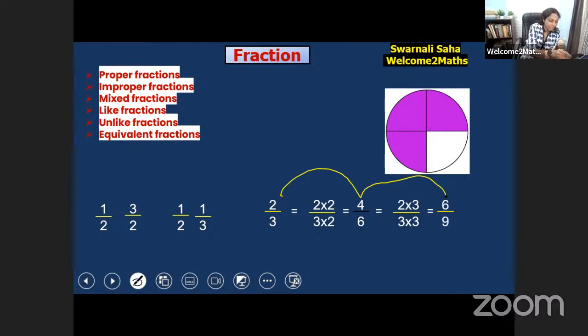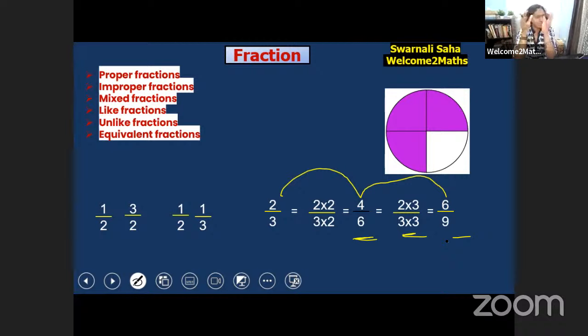Here 2 into 2, 3 into 2 gives 4 by 6. Then again 2 into 3 and 3 into 3 gives 6 by 9. So these are all called equivalent fractions. Okay, fine.